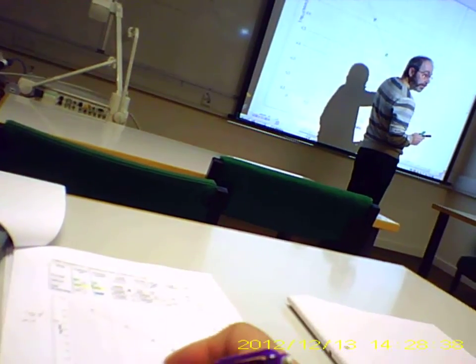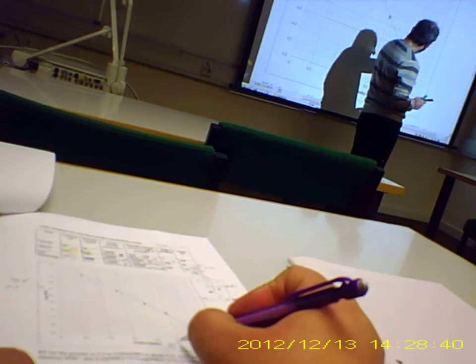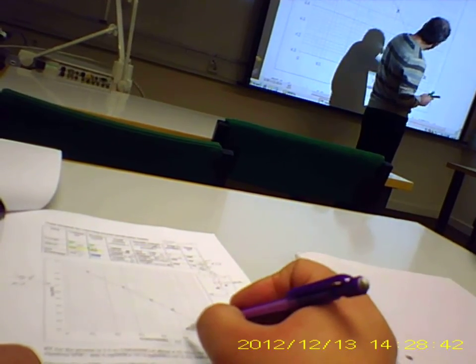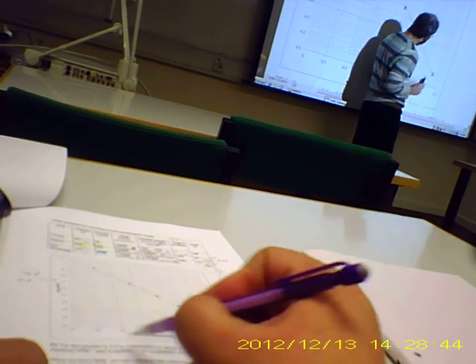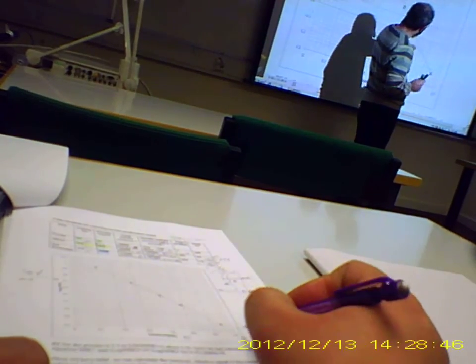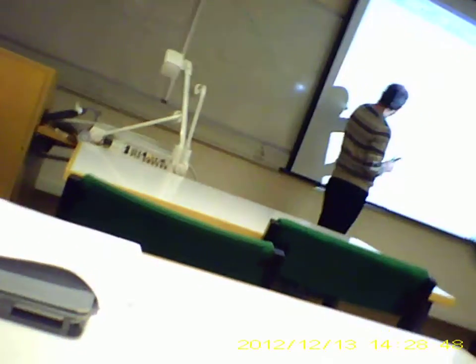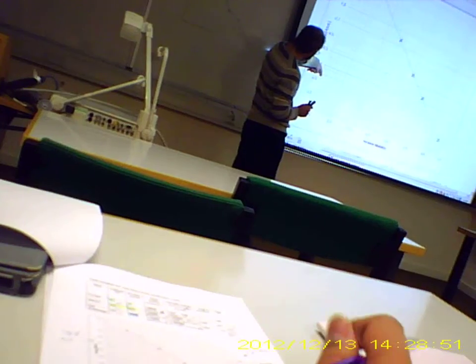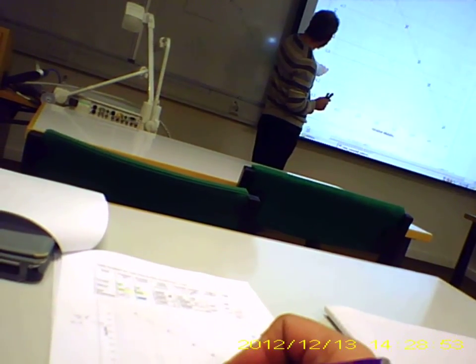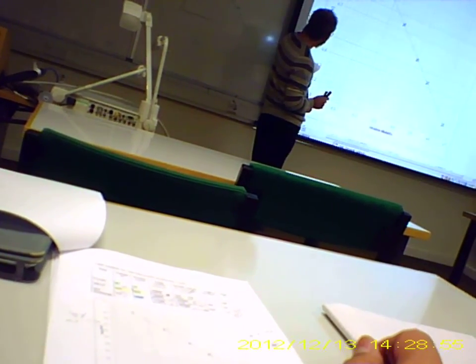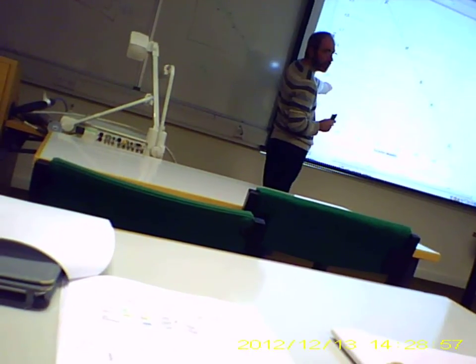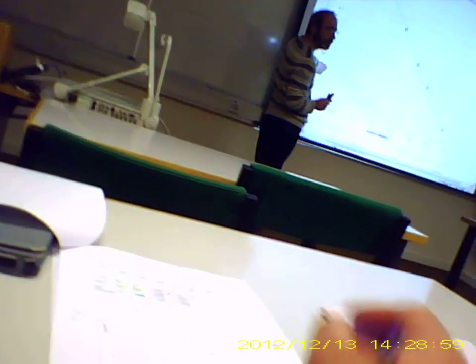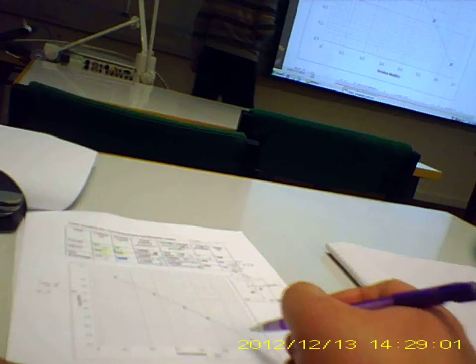And we find the corresponding point on the calibration curve. So the corresponding point is here. And then we find the corresponding value on the y-axis. So it's 4.32 something. Okay? 4.32.